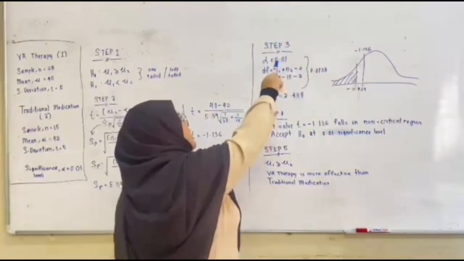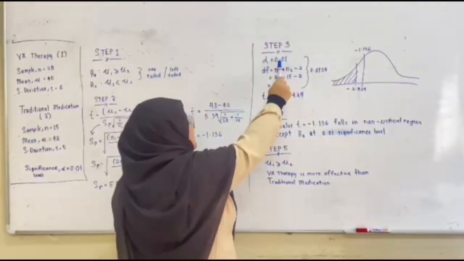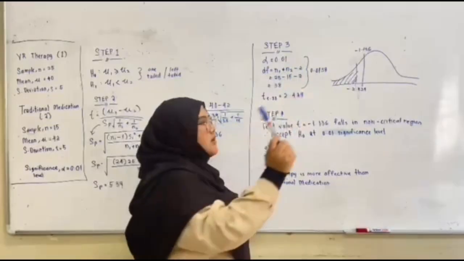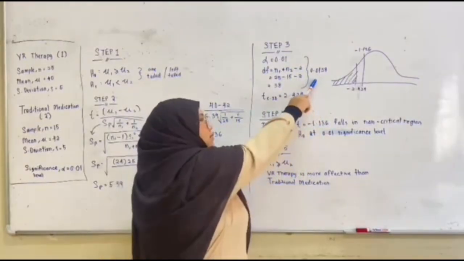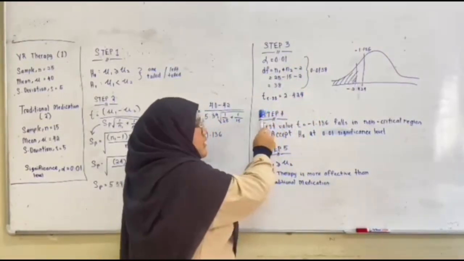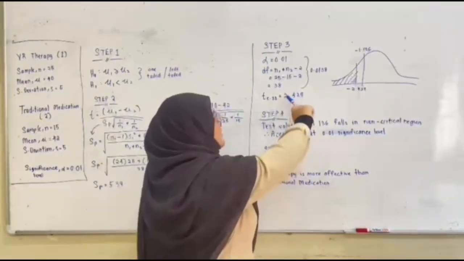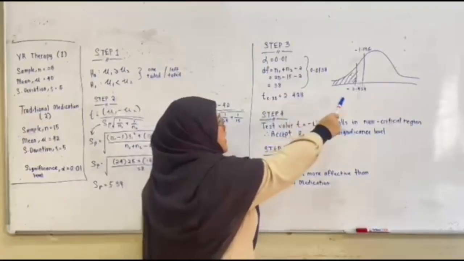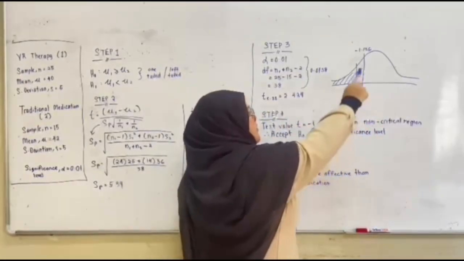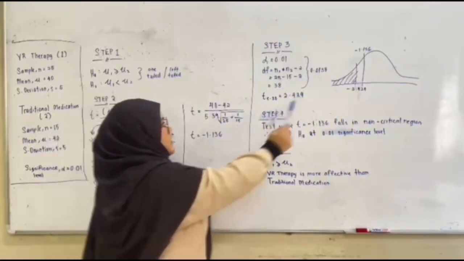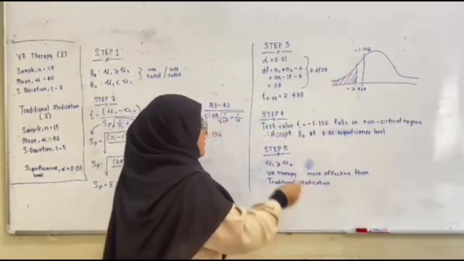Then we will move on to step 3. The significance level is 0.01 and the degree of freedom is 38. Then we will get the critical value of 0.0138 and the t value for it is 2.429. Then we draw the graph and put the value. Then we get the t value from before and put it in the graph.